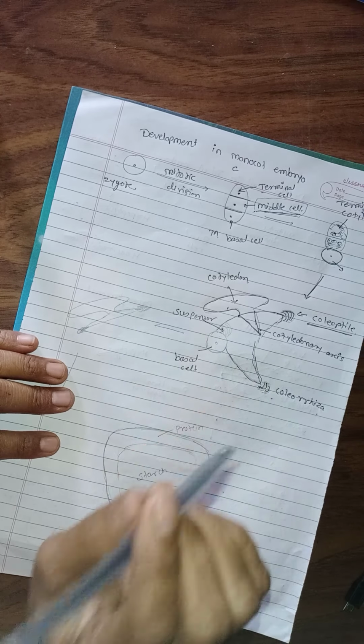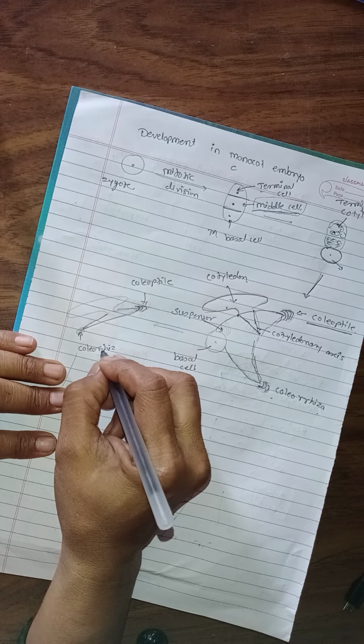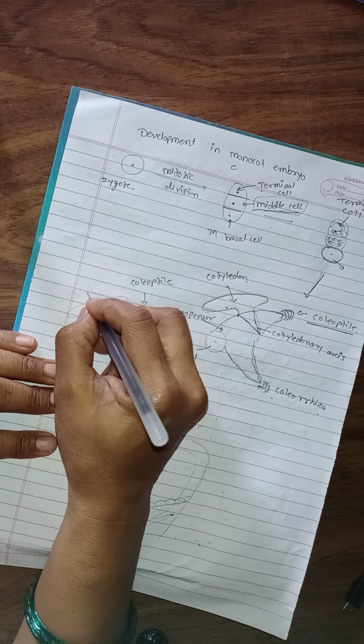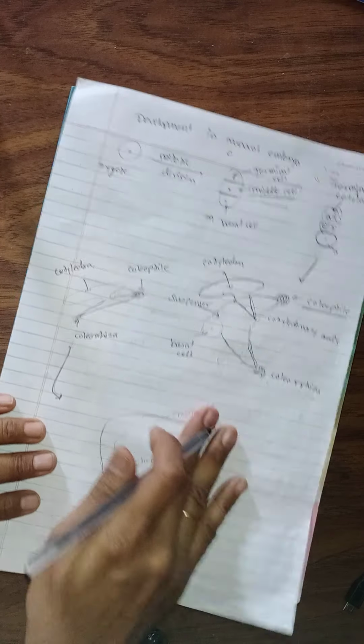This upper side is coleoptile. This is coleorhiza, and this is cotyledon. In the monocot, that means in maize, the structure looks like this.